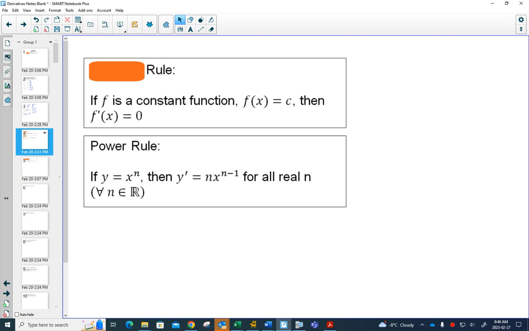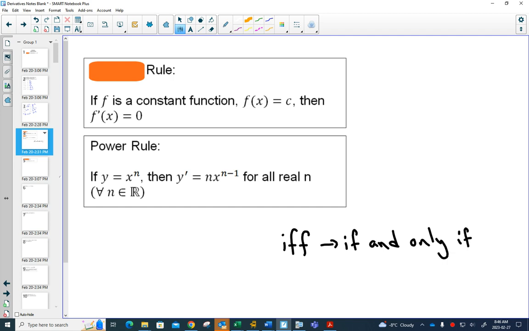So certain times when you have to write lots of words, if you have to write them often in proofs, then they start using symbols to make it even shorter. And here's one of those symbols. My favorite. Probably not very many times in your lifetime you've really wanted to write "if and only if," but there is a nice shorthand for that, iff, which means if and only if.